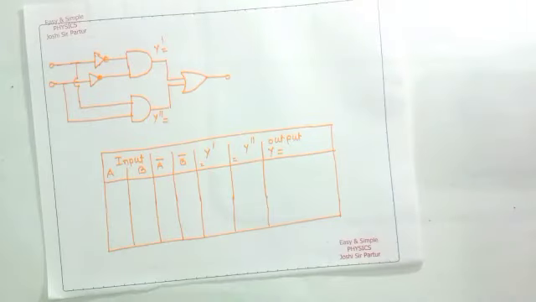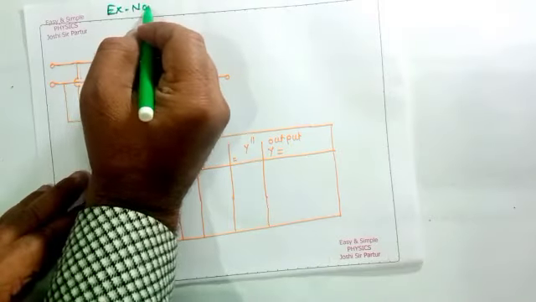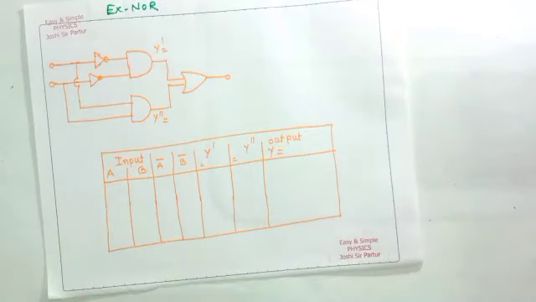Similarly, we can see another gate, that will be the XNOR gate. It is also a derived gate, which is a combination of AND gate, OR gate and NOT gate.